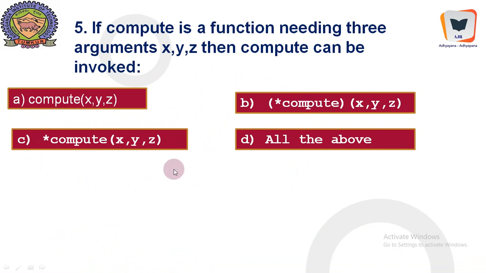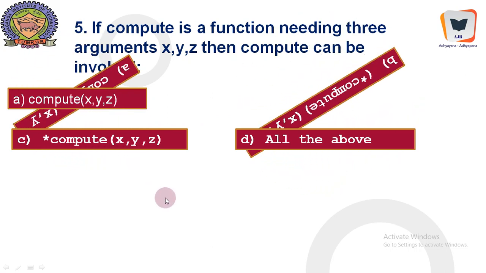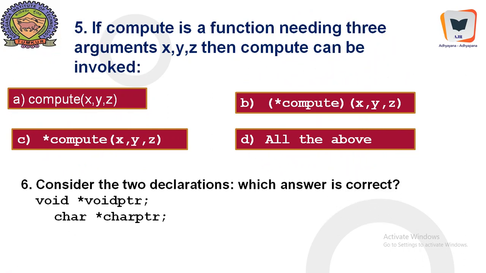This is a syntactical error. This is the content or the output of the function pointed to by a pointer called compute. The function name itself is a pointer, and this is the ordinary, conventional way of invoking a function. Therefore both the answers are correct.